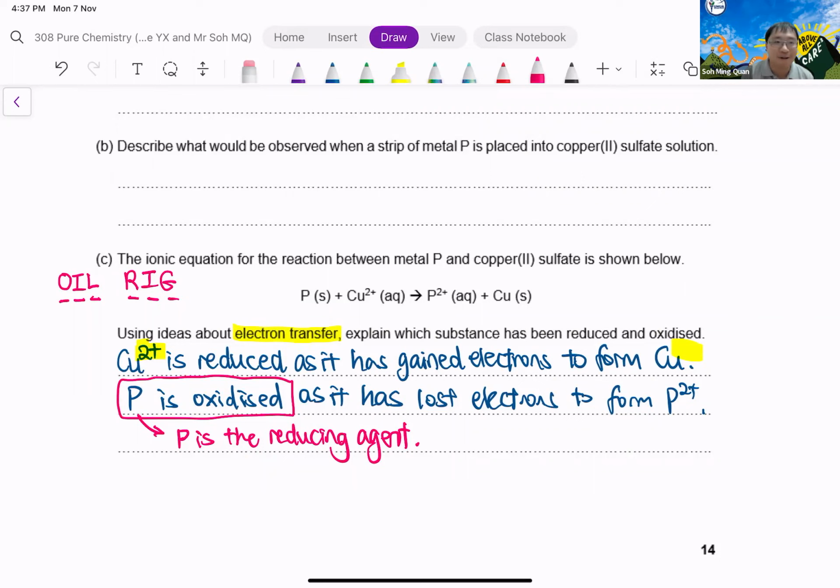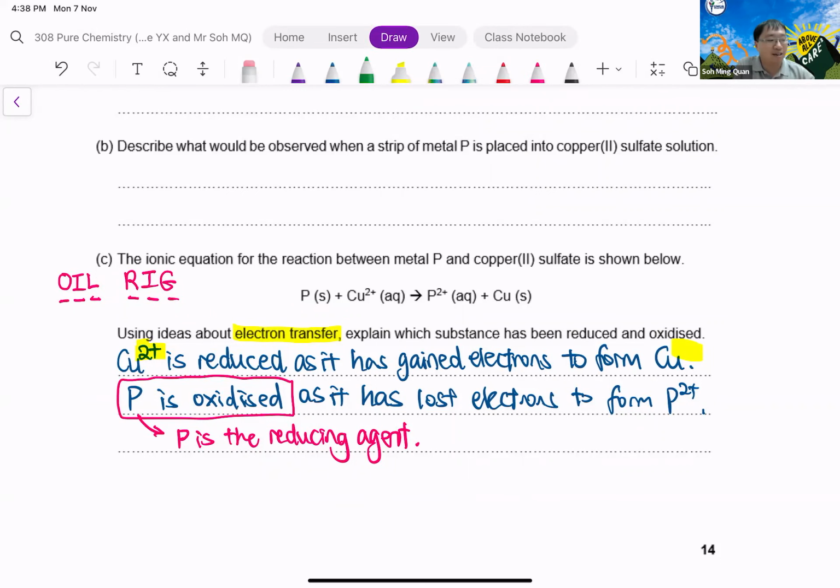Okay, don't mute yourself. Come, let's answer. P is more reactive than copper. So how do you tell? Because it lost electrons. Okay. So, more importantly, how do you tell it's more reactive? Because it lost electrons.